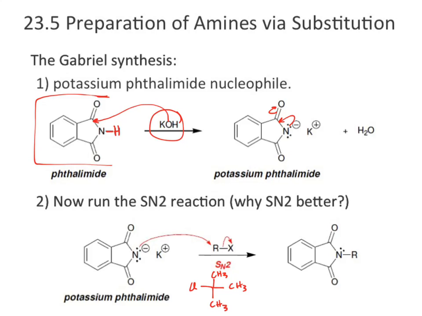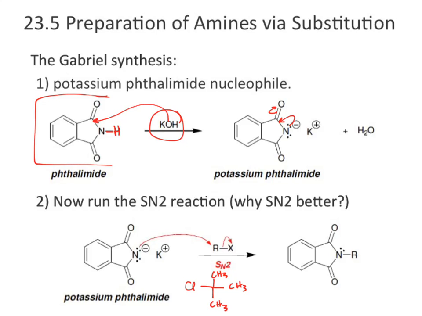What's going to be the issue with using a tertiary alkyl halide? That's chloride, by the way. The phthalimide anion is a big negative, which means it can act as a nucleophile. It can possibly act as a base. What happens when we shift up to tertiary alkyl halides?